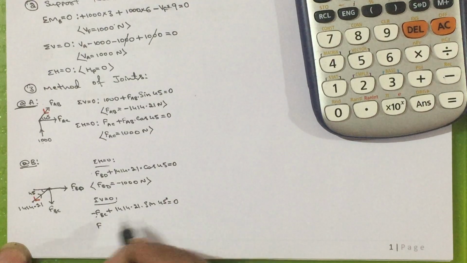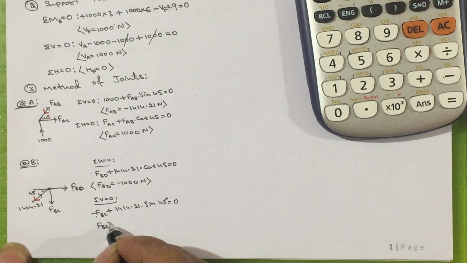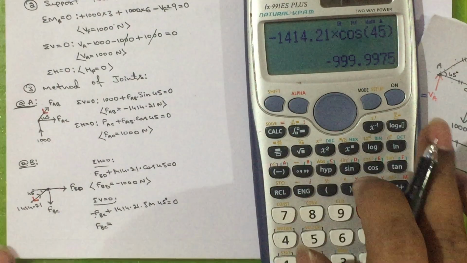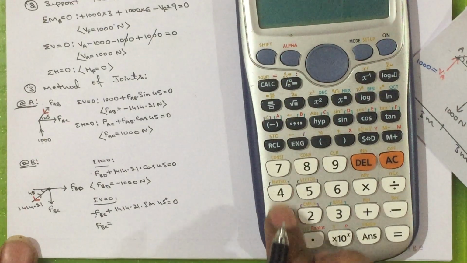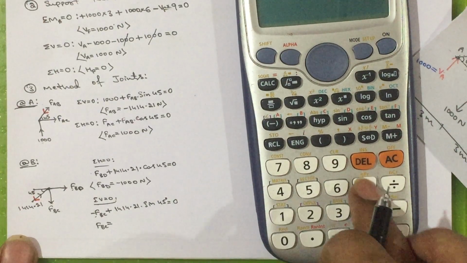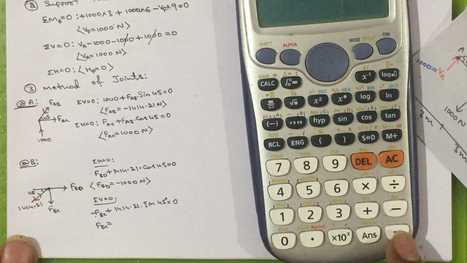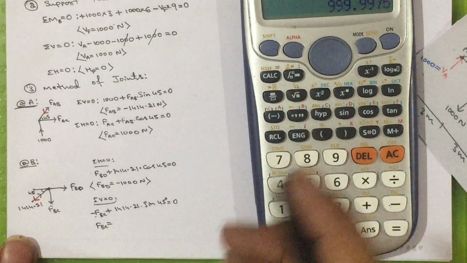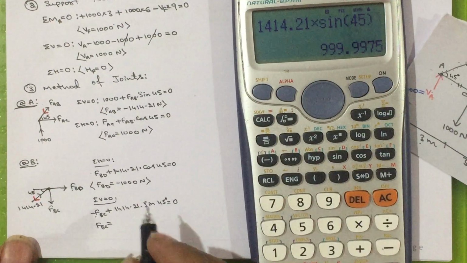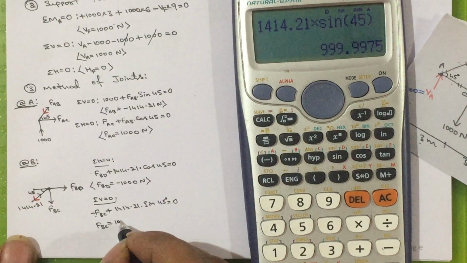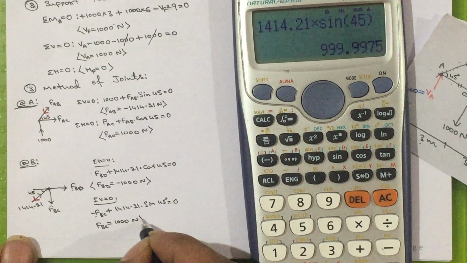If you take minus FBC to that side, it will become plus FBC. So, you are going to get 1414.21 into sin of 45 degree, that will be equal to 999.99, approximately equal to plus 1000 Newton.